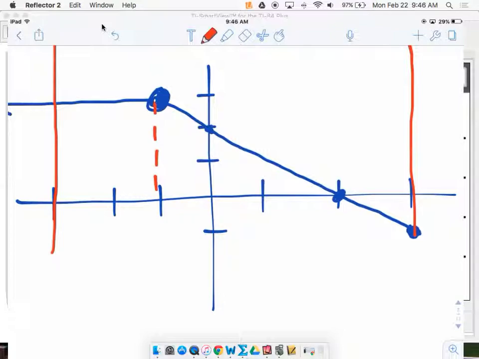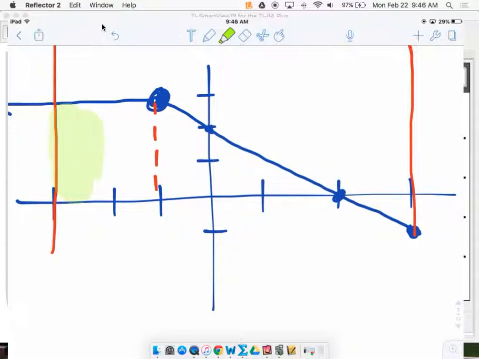I don't want to do that, so I have to figure them out separately so that I can find the area. If I draw a line right here at negative 1, now I have a rectangle, here I have a triangle, and here I also have a triangle.